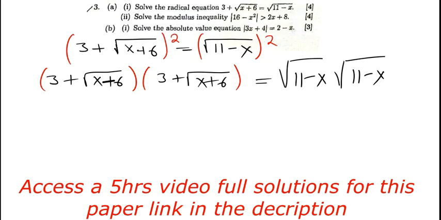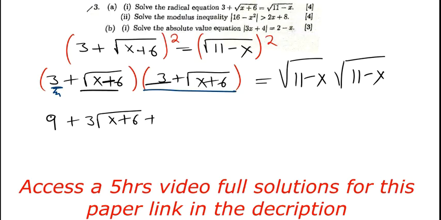Basically get the first 3 there and then multiply by the other part, right? So 3 times 3 is a 9, and then plus 3 root of x plus 6. For the other part, this times that again will be plus 3 root of x plus 6, and then finally this part and that part.